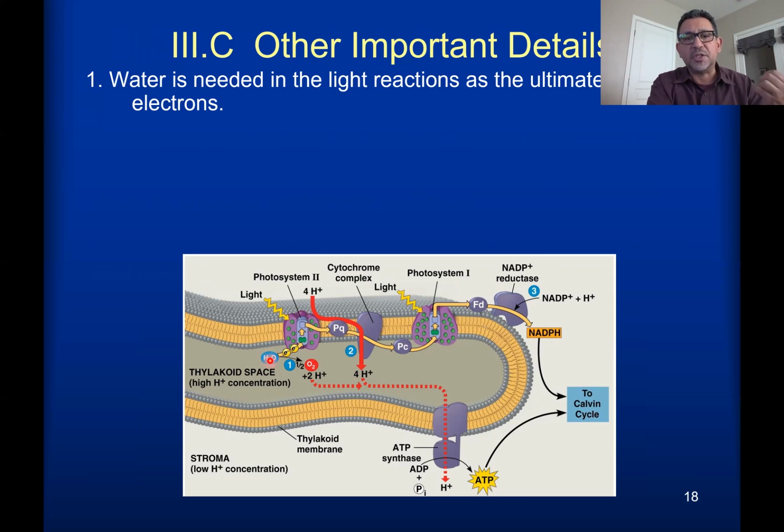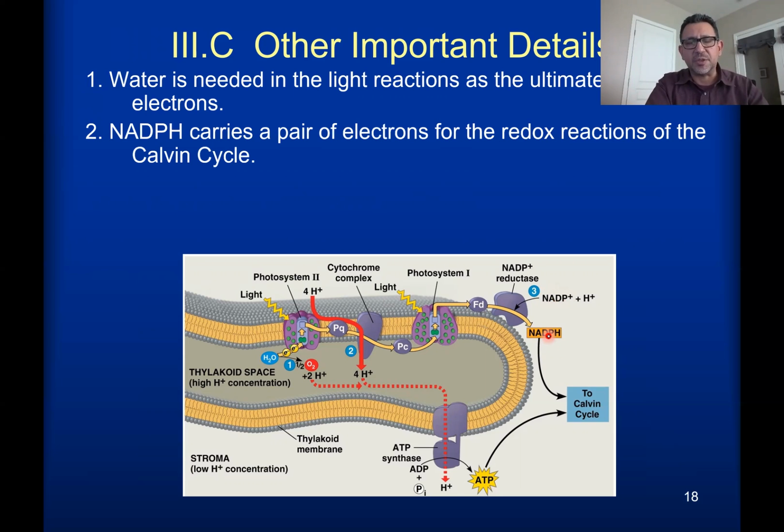There are going to be two hydrogen ions. One will be staying here inside of the thylakoid space, and eventually some of them will move out, and one of the hydrogen ions will be picked up by NADP+ to become NADPH. So water is our ultimate source of electrons in the light reactions.